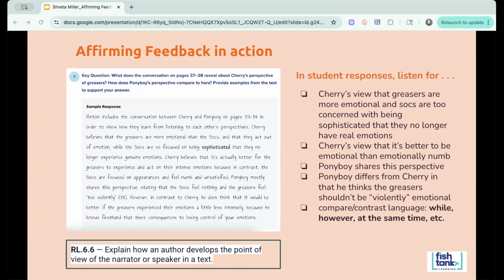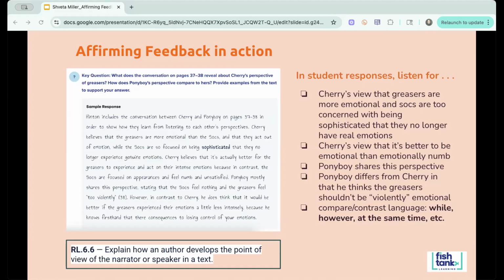But the real core understanding you want students to get from that is how Ponyboy shares Cherry's view that greasers are more emotional than socs, and that that's ultimately a good thing because they feel real, authentic emotions, and the socs are too caught up in looking and presenting a certain way that they feel kind of numb.